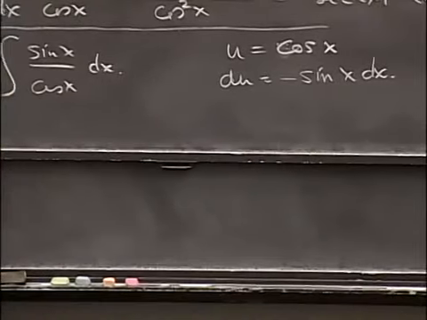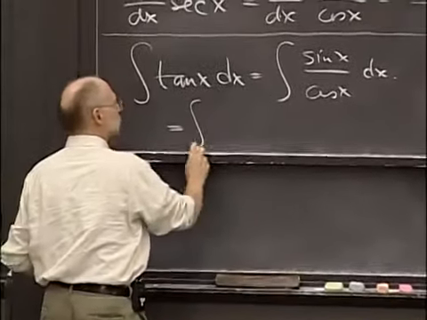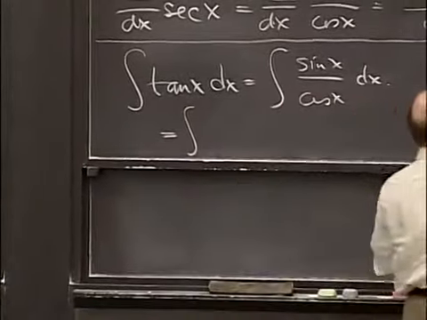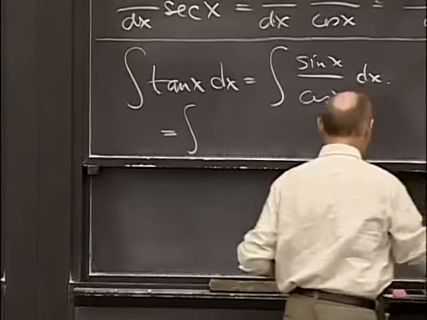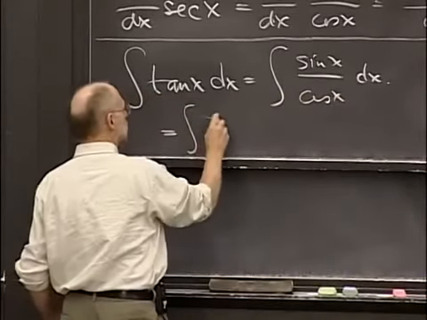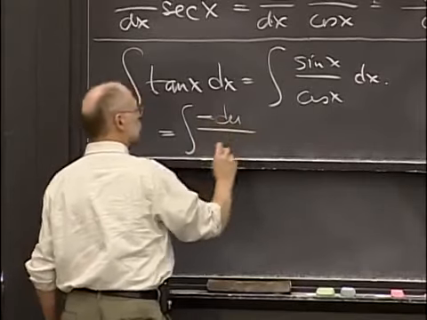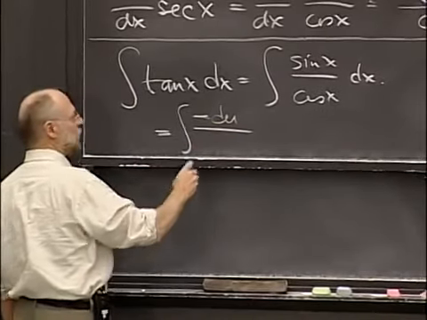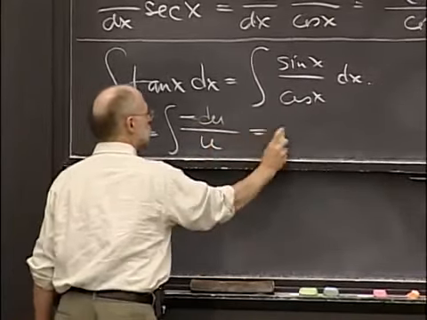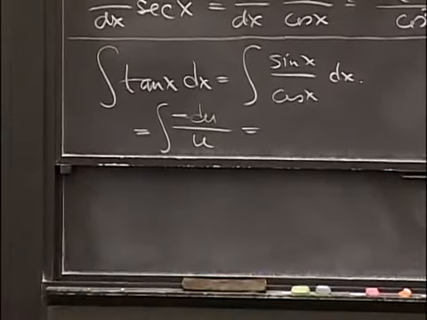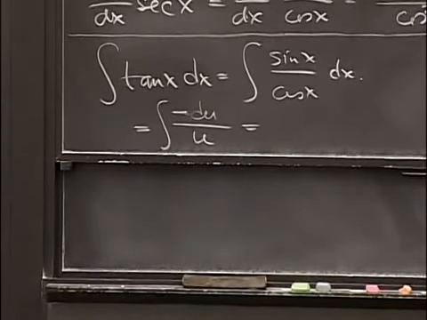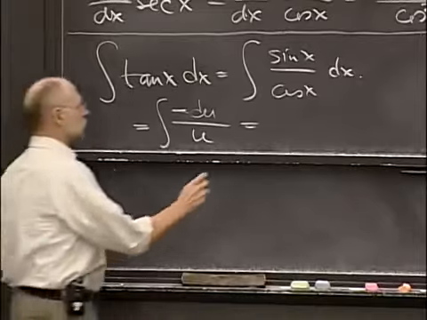So I can rewrite this, under this substitution, as minus du, that's the numerator, sine x dx is minus du divided by u. Well, I know how to do that integral too. That gives me the natural log, doesn't it?